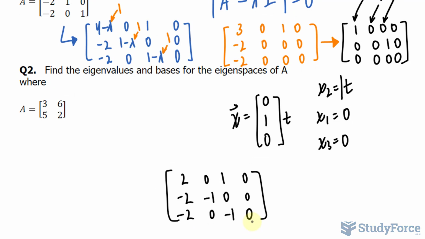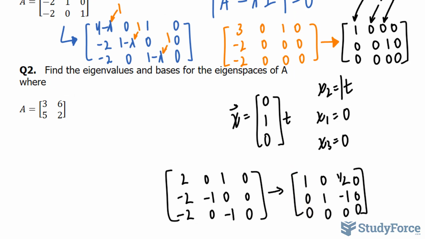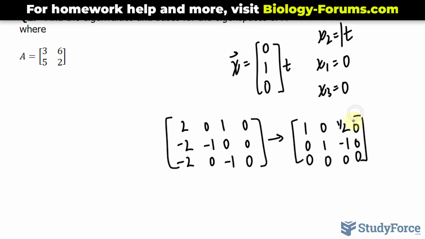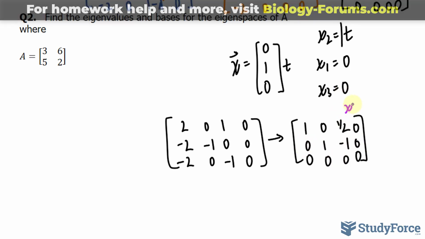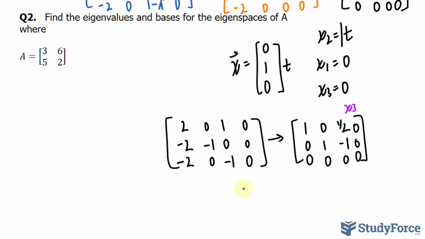And if you put this now into row echelon form, you end up with another matrix that has the following elements. Now, once again, each column represents x sub 1 through x sub 3 except for this one. Notice that this time x sub 3 does not have a leading 1. So x sub 3 will serve as a parameter which I'll represent as t once again. On the contrary, in row 2, we have x sub 2 minus x sub 3, which I can change to t, is equal to 0.